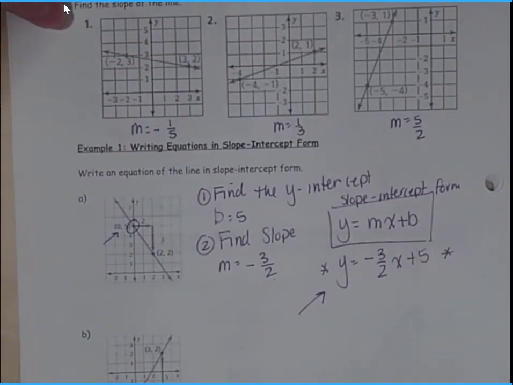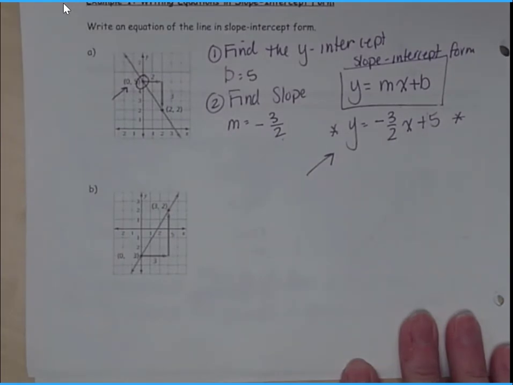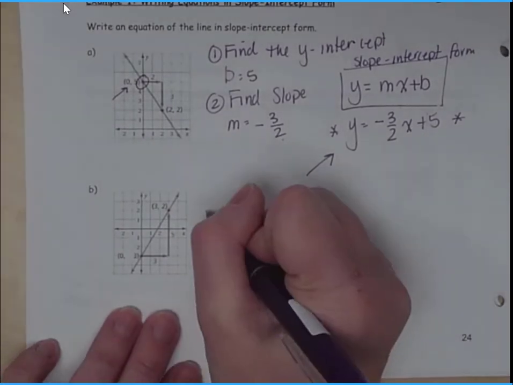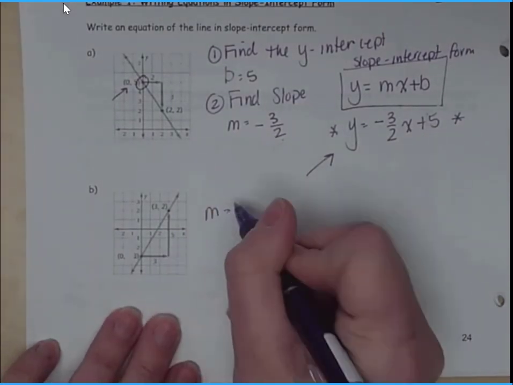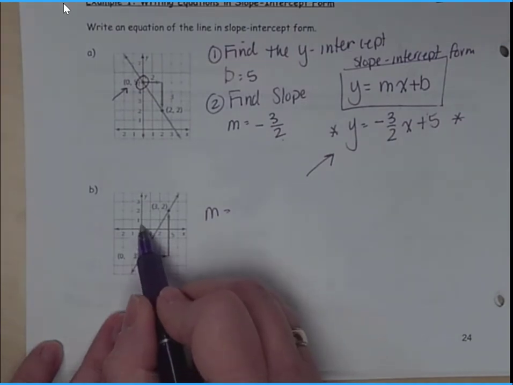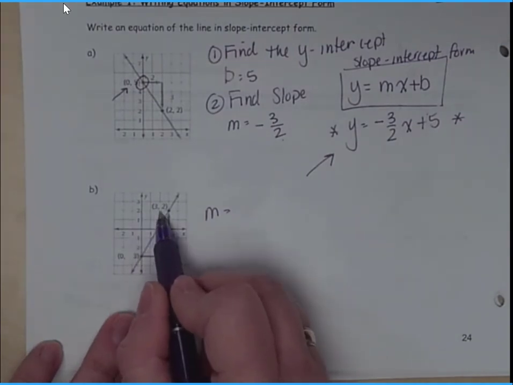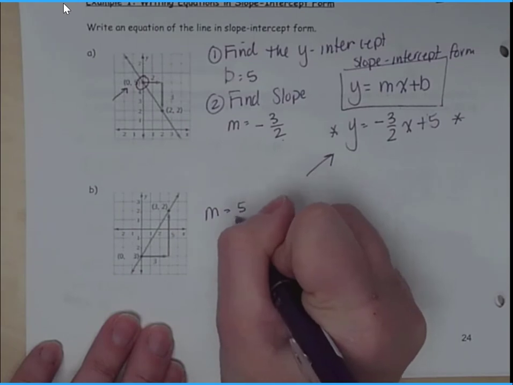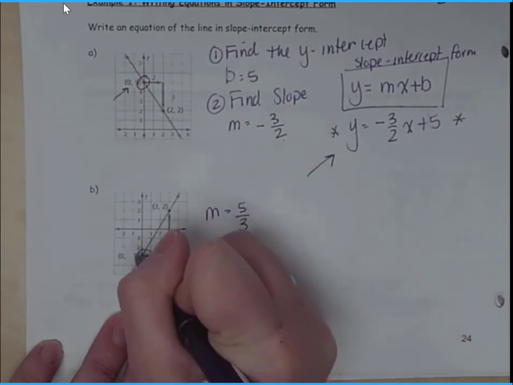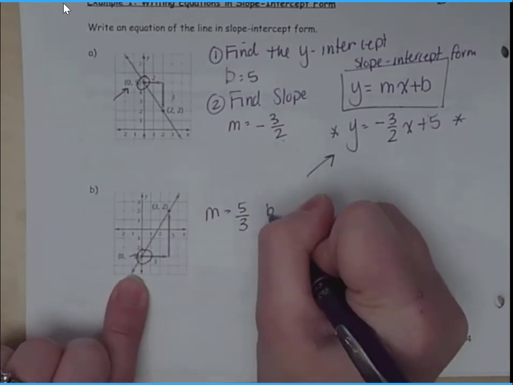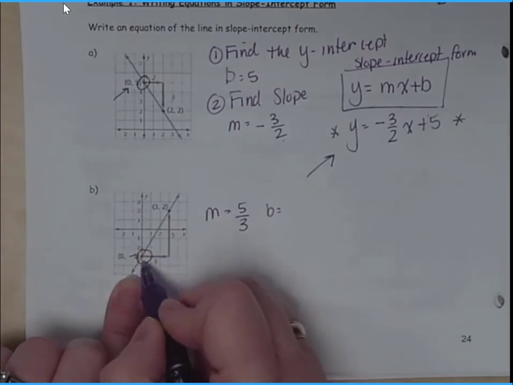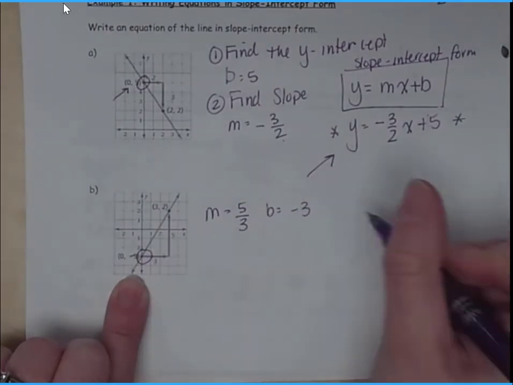All right, so now let's take a look here at example b. So my slope is positive, and I'm going to go up 1, 2, 3, 4, 5 over 1, 2, 3. So my slope is 5/3. It crosses the y-axis at negative 3.